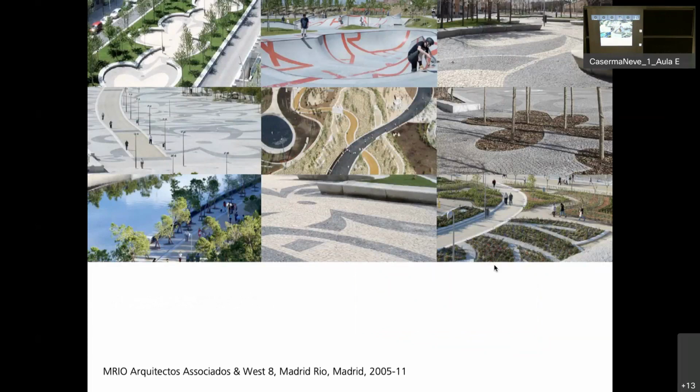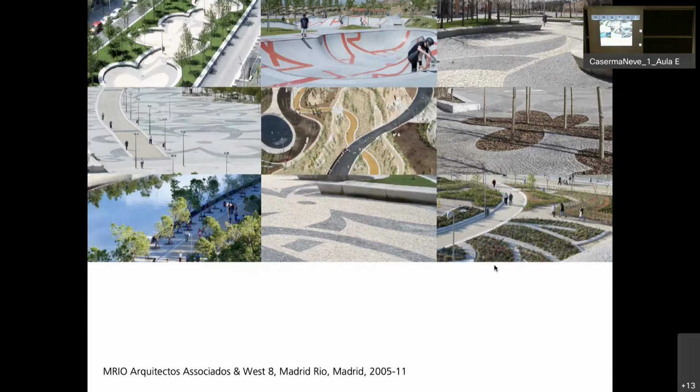It is by Rio Arquitectos, a Madrid-based firm, and West 8, a very famous landscape-based firm in the Netherlands, that has been working a lot in the last few decades also in the United States.